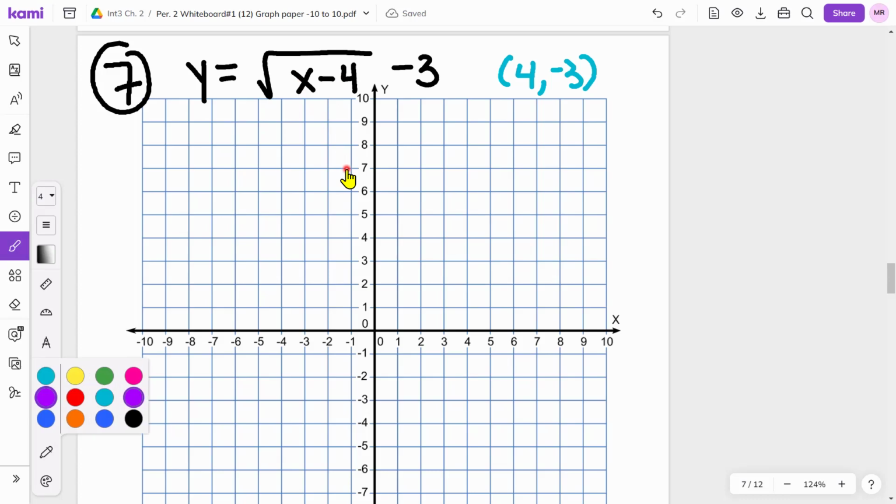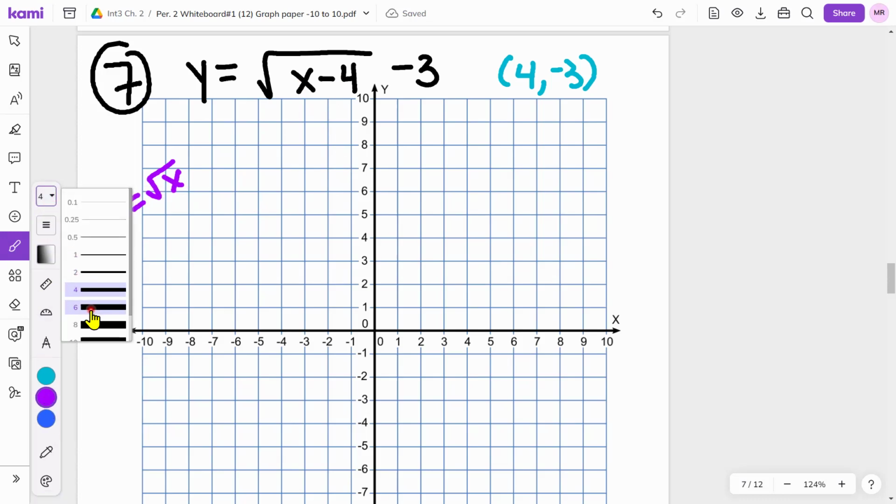So if I was in purple, just graphing y equals the square root of x, we need to remember that we can't square root a negative because we get an imaginary number. So the very first value we would be doing would have been a 0. And the square root of 0 is 0.